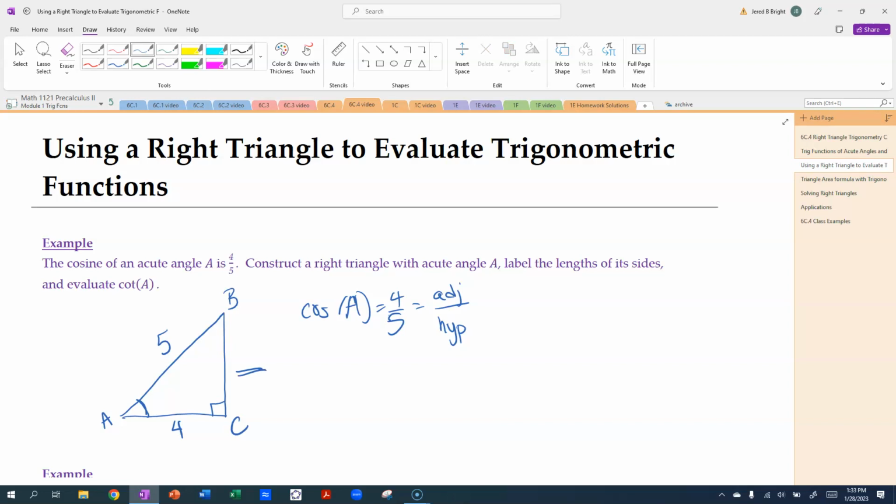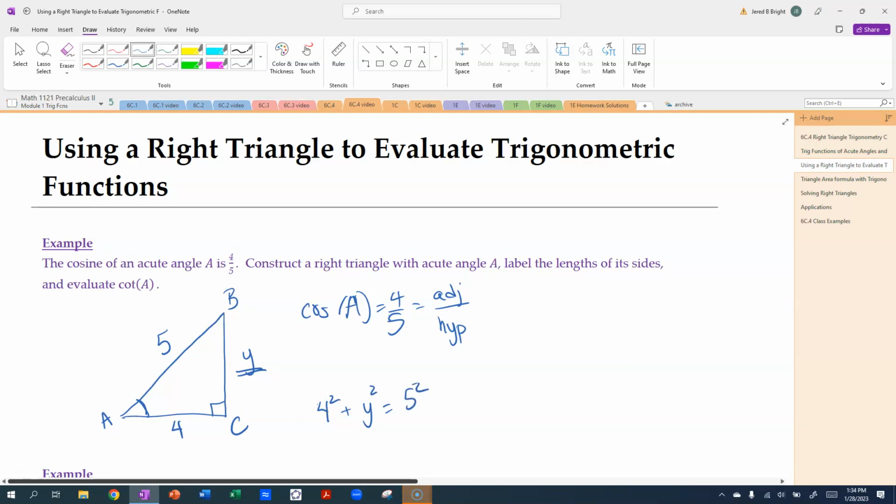It says label the lengths of its sides, so I do need to find that side using the Pythagorean theorem. Let's give this an unknown name, y. We'd have 4 squared plus y squared is equal to 5 squared.